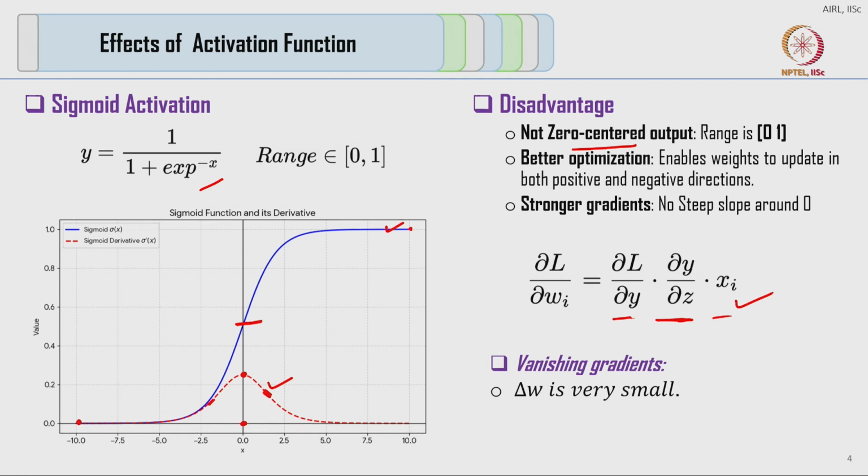Now there is a phenomenon that is observed, which we would again discuss in detail in the subsequent lectures, which is known as the vanishing gradient problem.